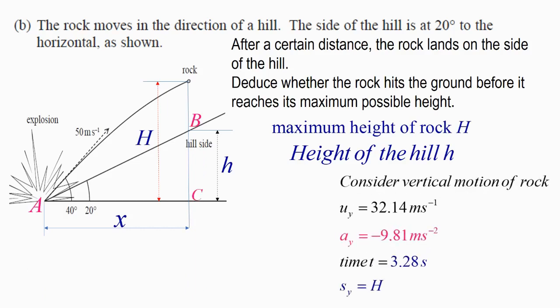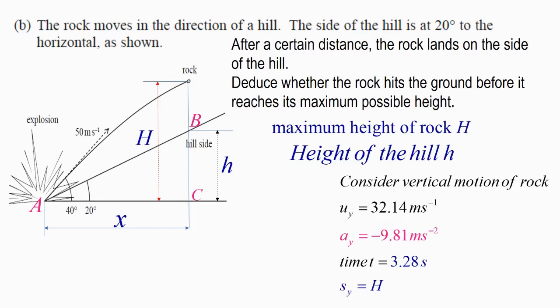This problem can be split into three steps. First, consider the vertical motion of the rock and find the maximum height. Then consider the horizontal motion and find the distance traveled by the rock, that is x. Then consider the triangle ABC and, using trigonometry, find the height EH. Then compare these two heights.